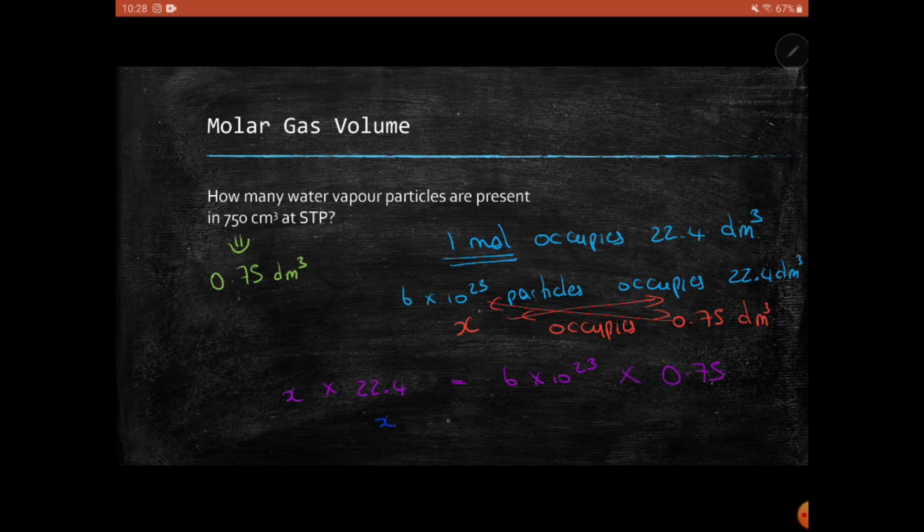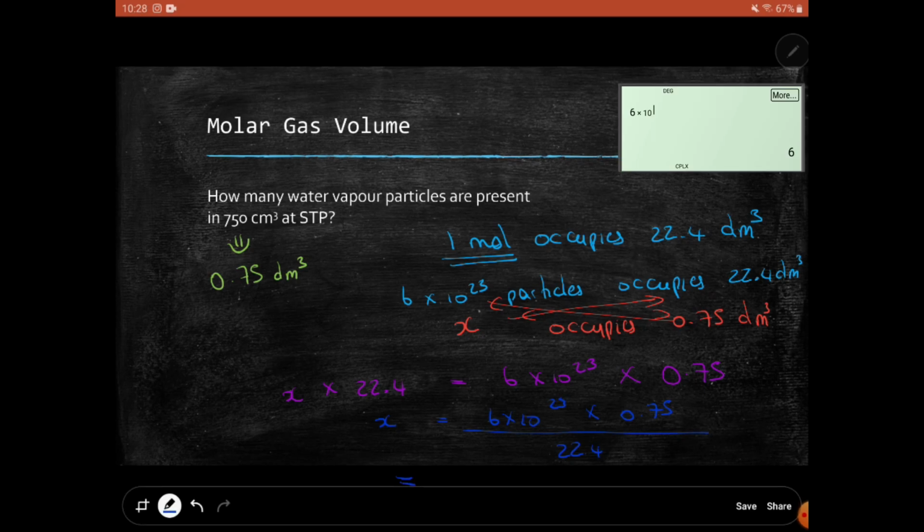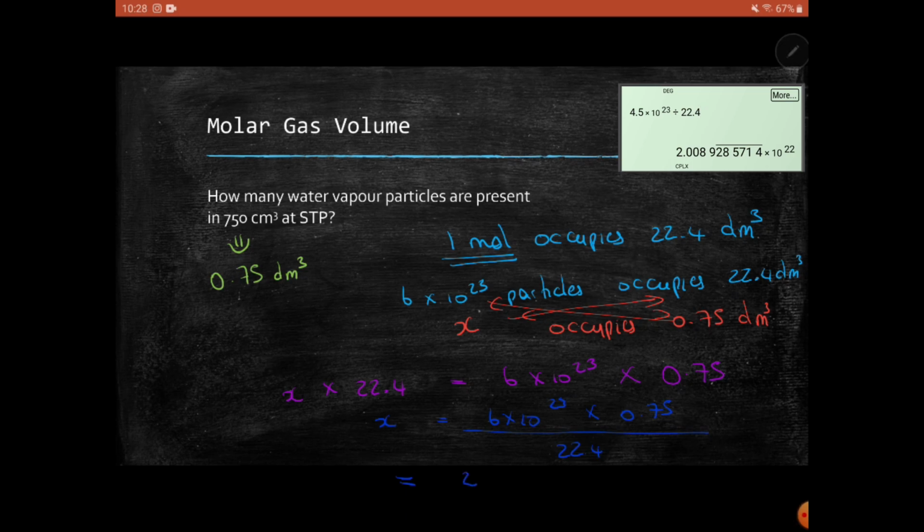That would give us x is equal to 6 times 10 to the 23 times 0.75 divided by 22.4. Once we substitute that in our calculator, we would get 2 times 10 to the 22 particles.